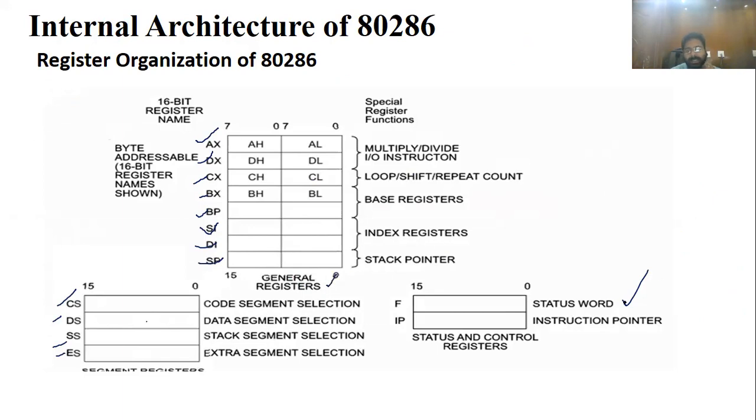Then the status word and instruction pointer are also 16-bit registers. This is the status word, and this is the instruction pointer, 16-bit.